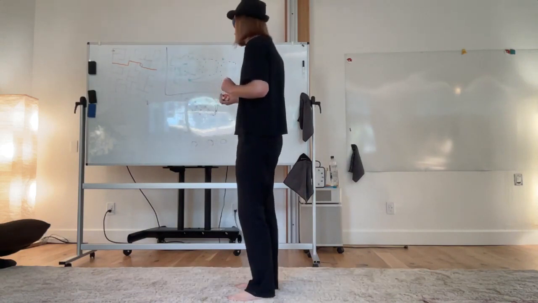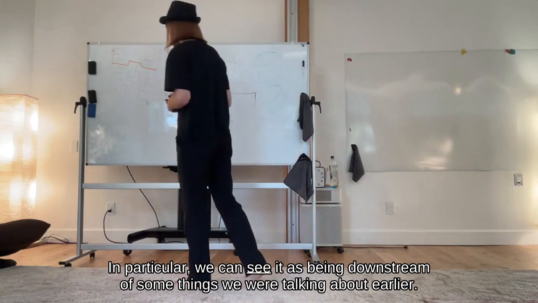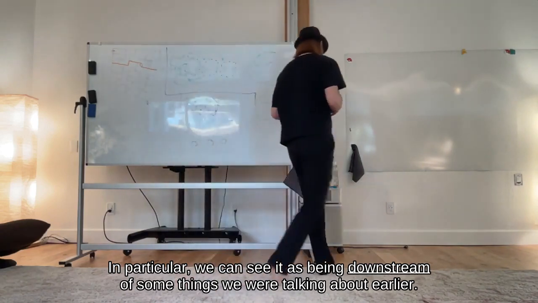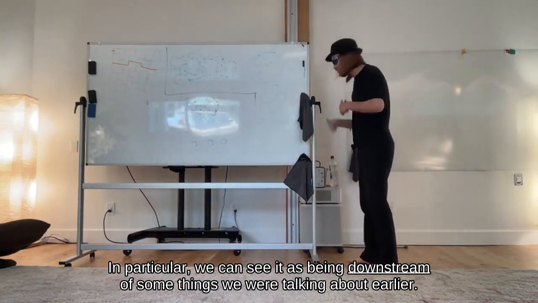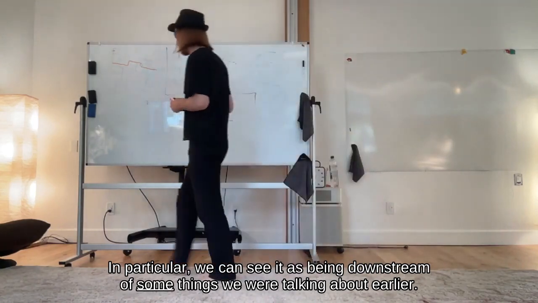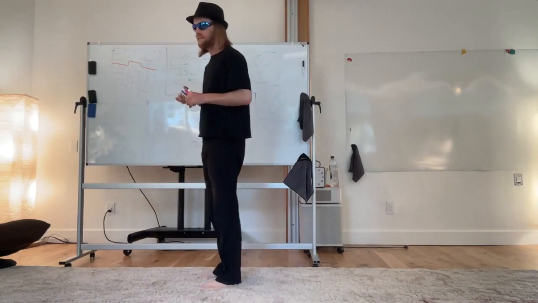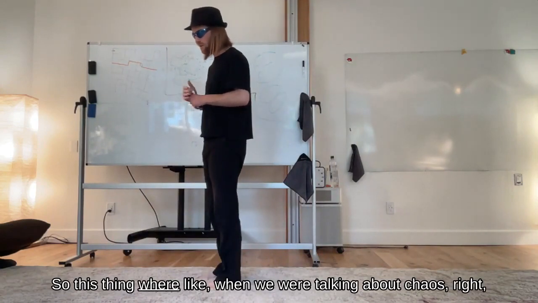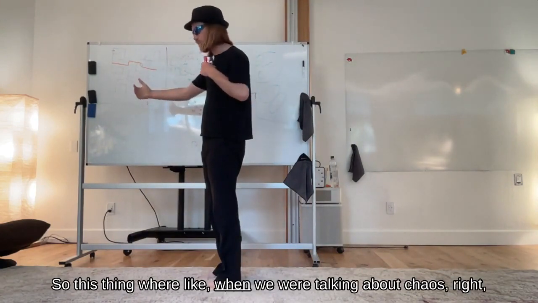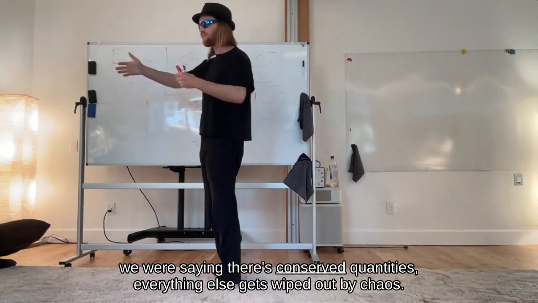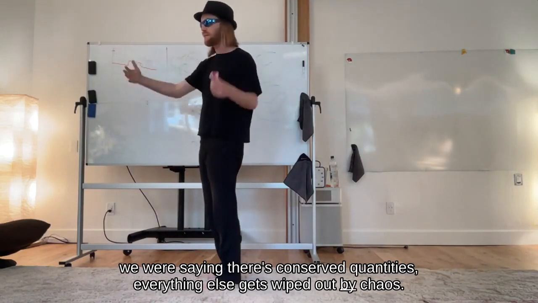Okay. In particular, we can see it as being downstream of some of the things we were talking about much earlier. When we were talking about chaos, right? We were saying there are conserved quantities, and everything else gets wiped out by chaos.